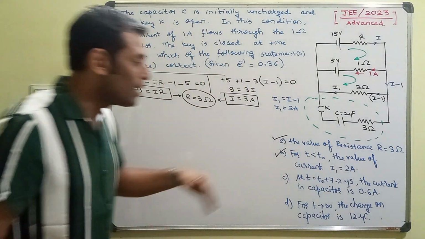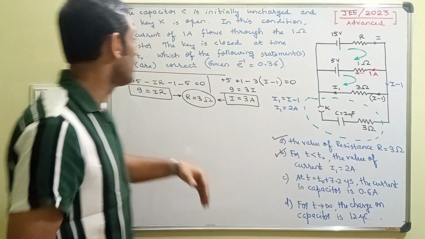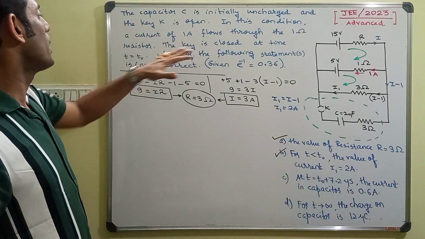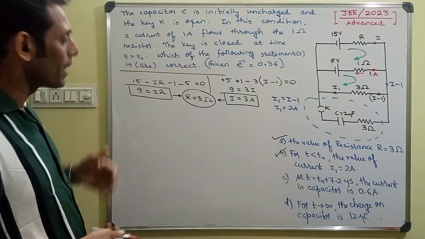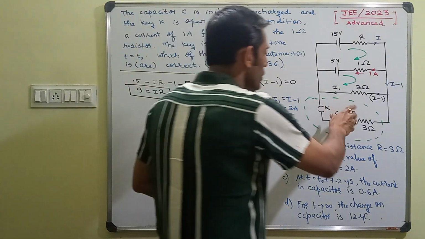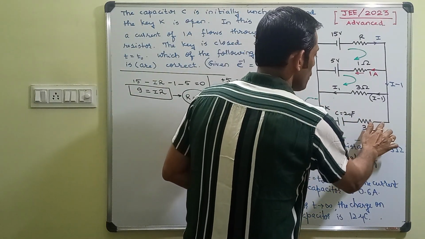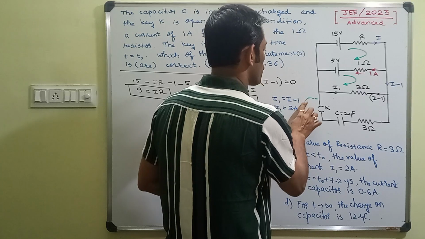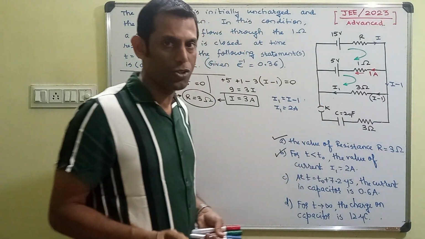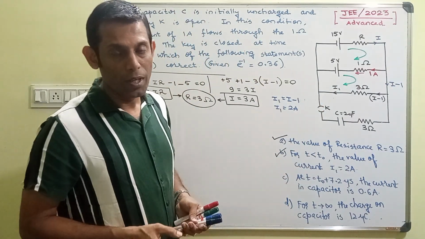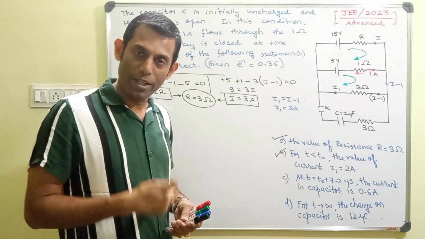Now for time after t naught, that is when the key is closed at a time t naught. After this, what happens? Once this part of the circuit comes into the picture, you have the capacitor plates which were initially uncharged gathering charges. It starts accumulating charges.